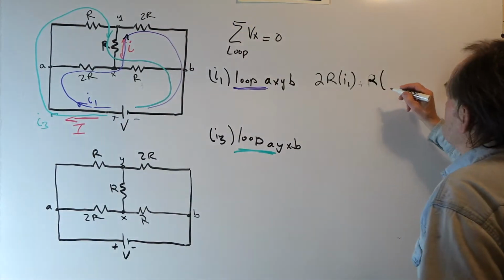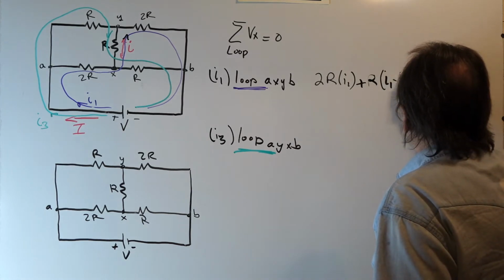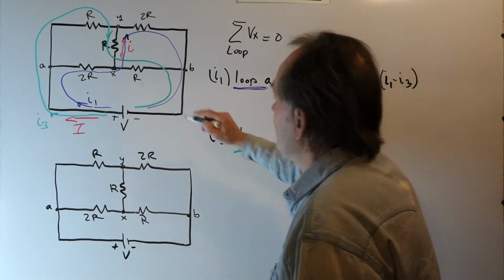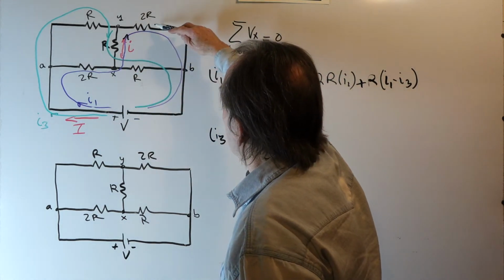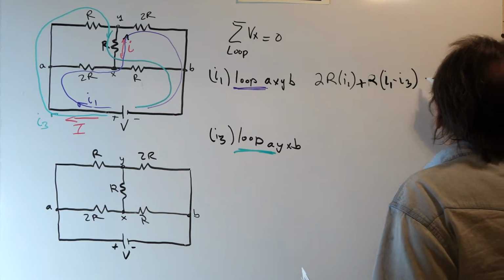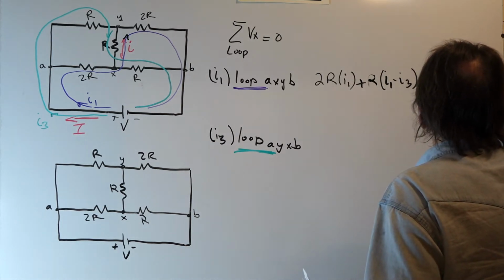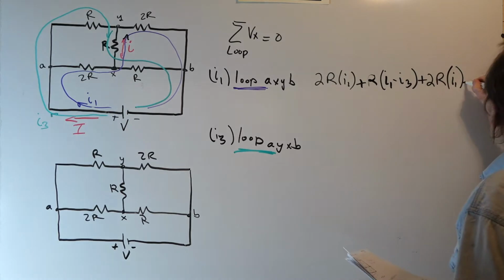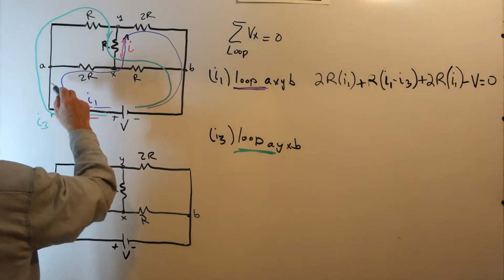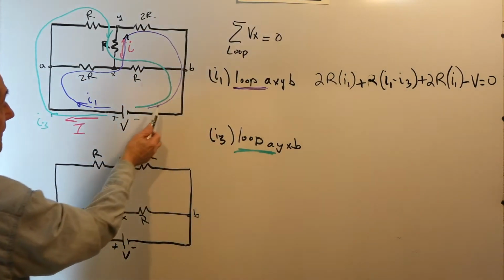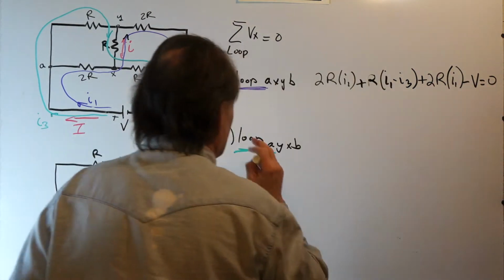So we have R times (I1 minus I3), and then I1 is flowing through 2R, so we have plus 2R I1 and minus V equals 0. We're going through these 2 resistors. We come back to the minus terminal of the V. That's why we have minus V, and that's equal to 0.